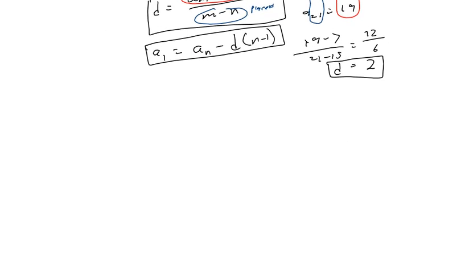So let's look at the first section. It just asks you basically yes or no and what the common difference is. So let's look at number, I don't know, 5. 5 is pretty good. Let's look at number 5. Is it arithmetic?